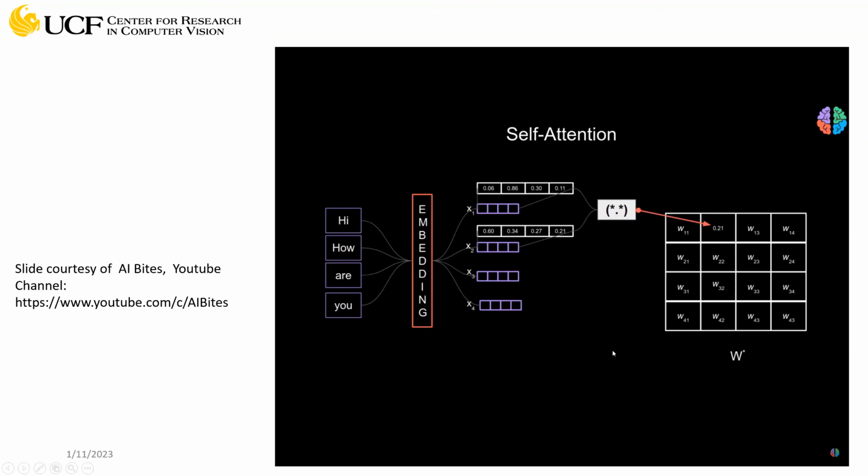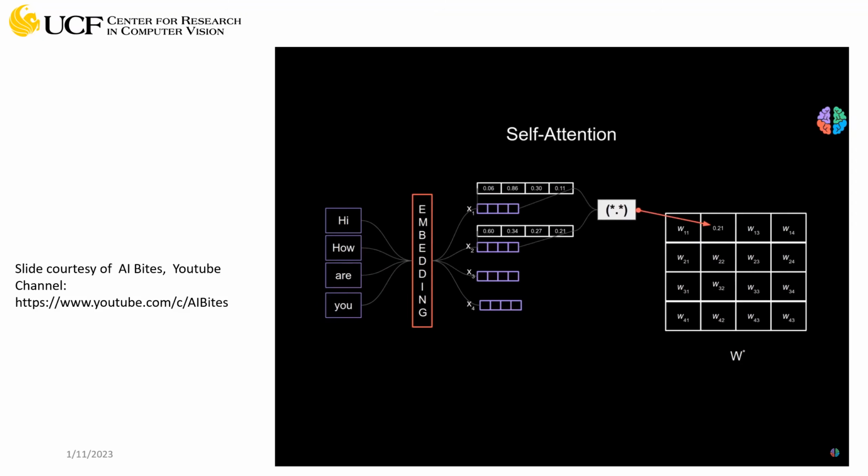So this matrix W star is capturing how similar this word is. It's capturing the context from the other words. When we did word2vec, we were just looking at each word individually, so there was no context. Now self-attention is capturing the context, and that's very important because in language, in images and all this, there's a context, and that's what we want to capture.